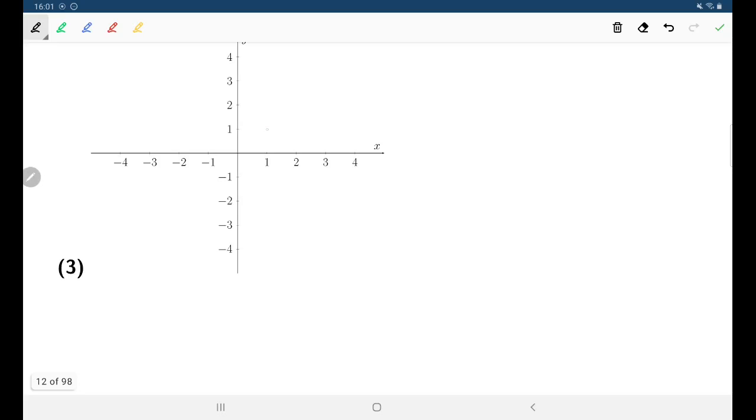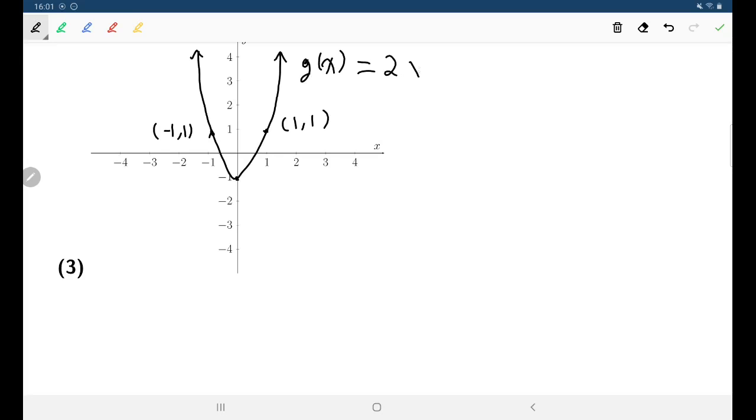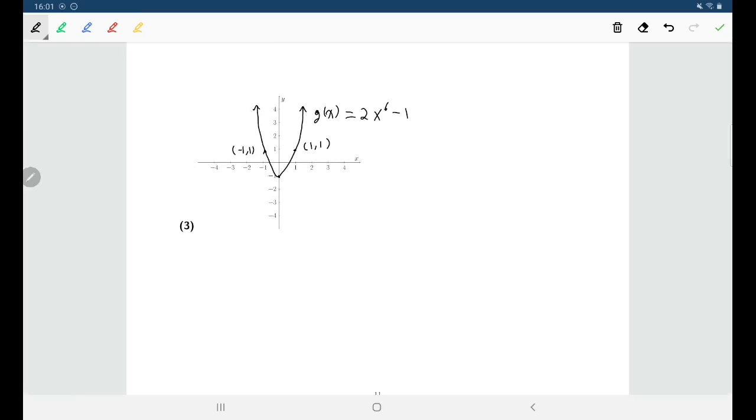So all of my points are shifting downward by 1 unit. And that is my graph of g of x, 2x to the 6 minus 1.